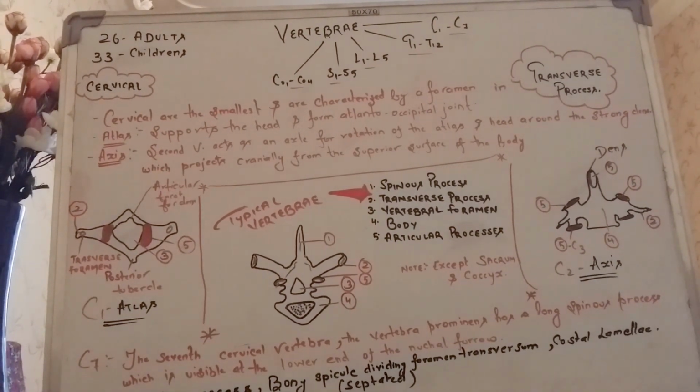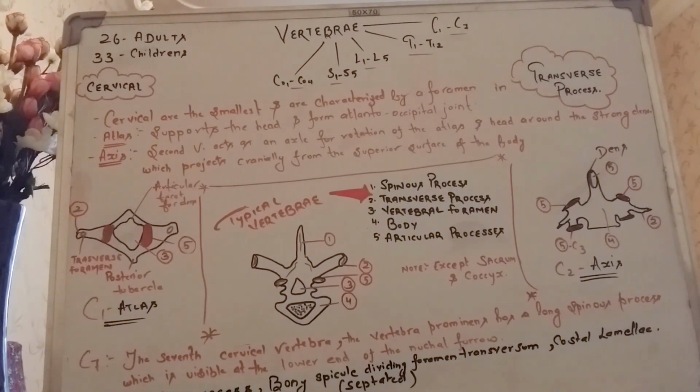So, again, we'll talk about the C1 and C2 differences. In C1, the vertebral foramen is wide and triangular in shape, but in C2, it is small comparatively to C1.